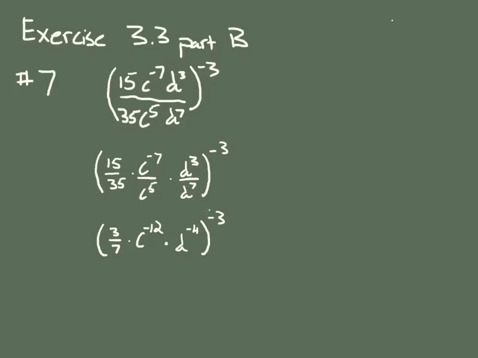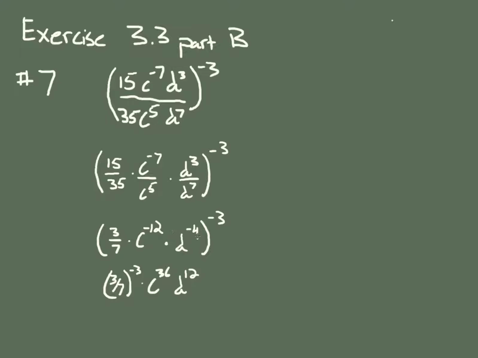So now I've simplified inside my parentheses. Now I'm going to distribute that negative 3 to each one of these. So I get 3/7 to the negative third, times c to the negative 12 times negative 3, which is positive 36, because negative times a negative is positive, so c to the 36, and then negative 4 times negative 3 is positive 12, so I get d to the 12.